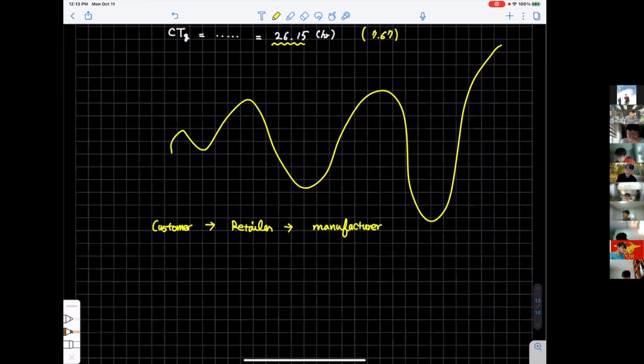Also, the manufacturer will predict the variation of the order from the retailer.